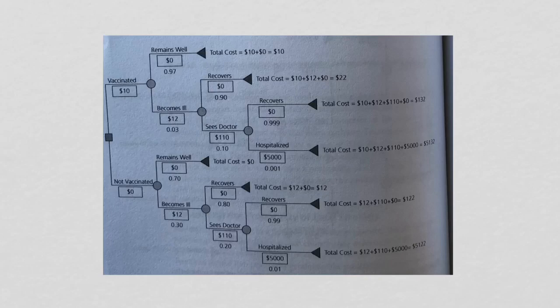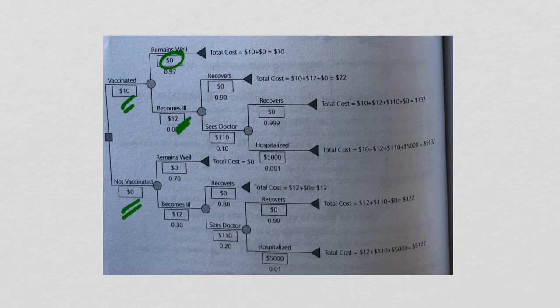So let's say in this study, we know that the vaccine is going to cost around $10. Let's look at the costs related to the different variables. If you're not vaccinated, there's no cost to us, and the cost to be vaccinated is $10. If you are well, which is good, there's no cost to the healthcare system, but if you become ill, there's a cost of $12.